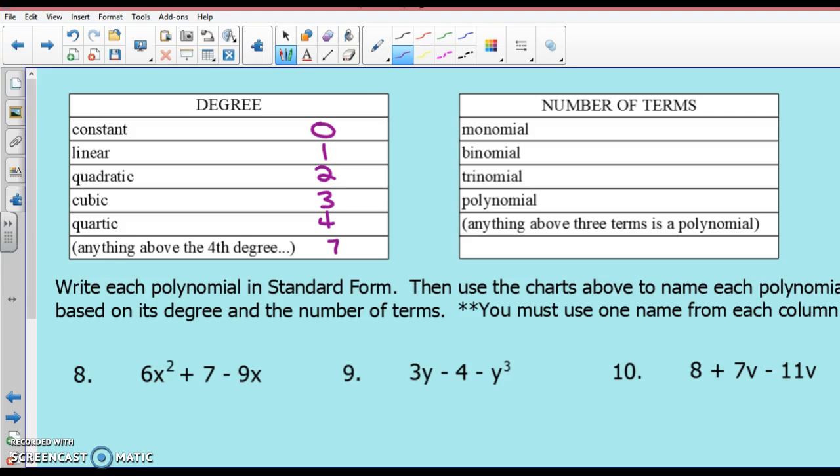You would just say whatever the degree is, if it's above the fourth. There's no special name for anything above the fourth degree. Now, a monomial has 1 term. A binomial has 2. A trinomial has 3. A polynomial is really 4 plus.